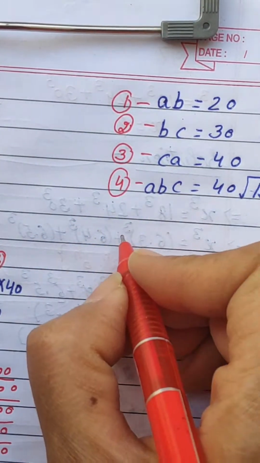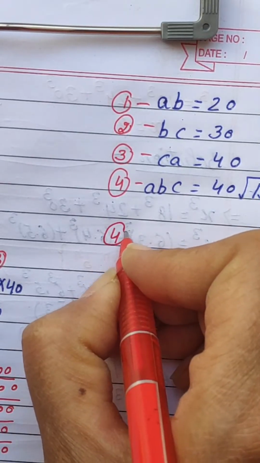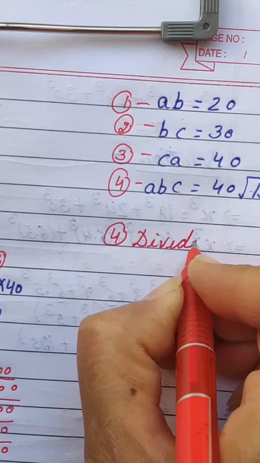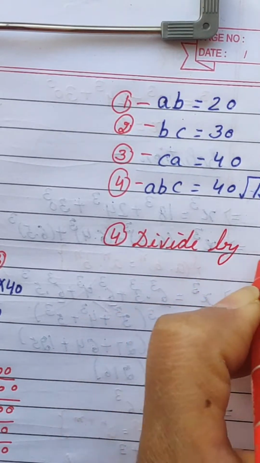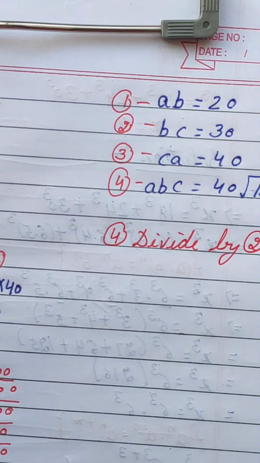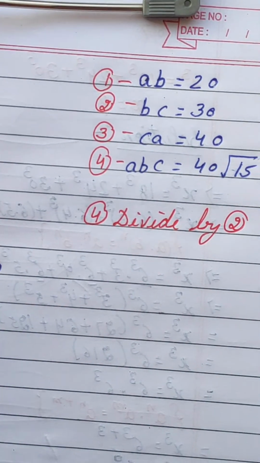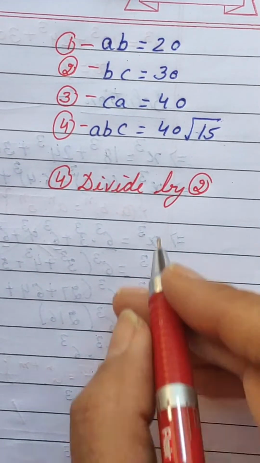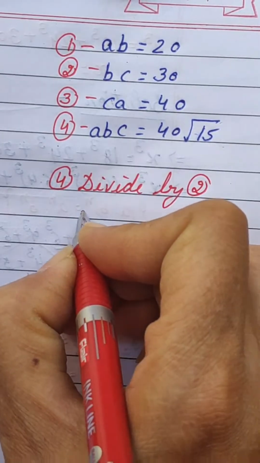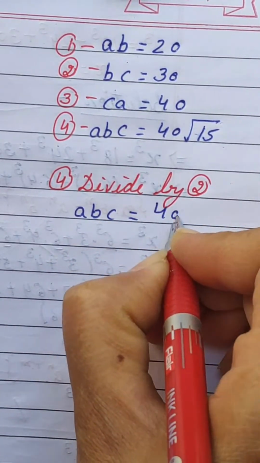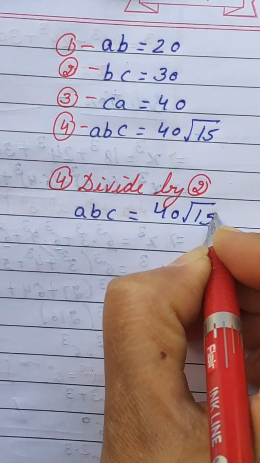Now what we have to do? Fourth divide by second. Okay. First, fourth divide by second. So now I divide these two. That is in front of you. So the fourth one is A, B, C is equal to 40 root 15.